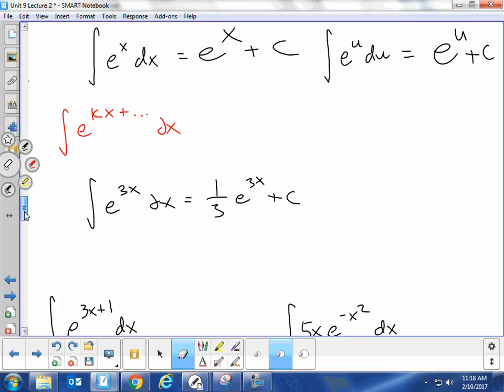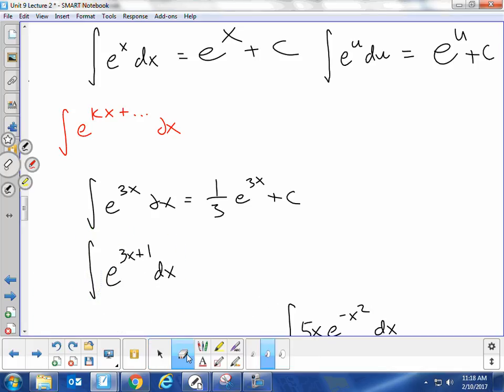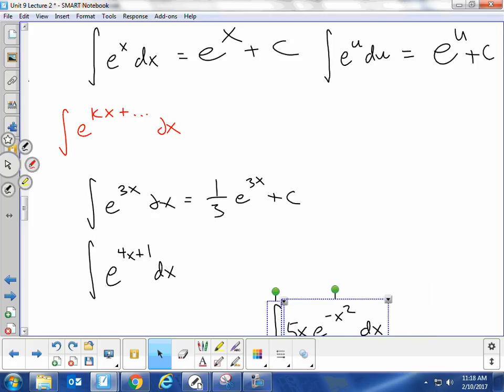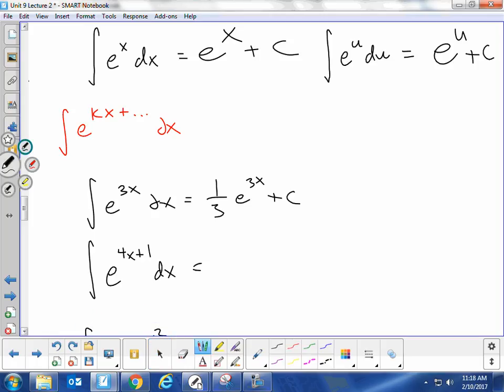If I have something like e to the 4x plus 1, guess what that antiderivative is going to be?